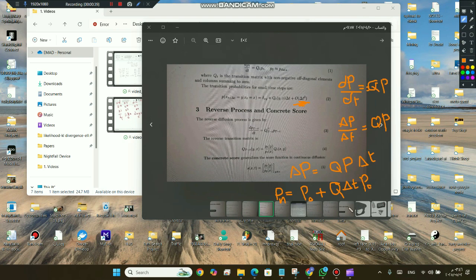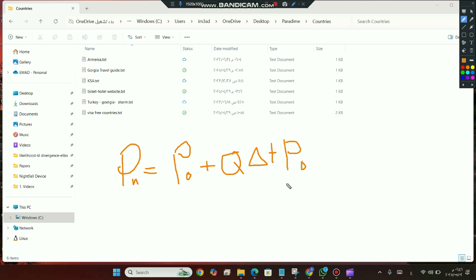This is what we have arrived at right now. Now, what if I factor p old out? I will get the identity plus Q times delta t.